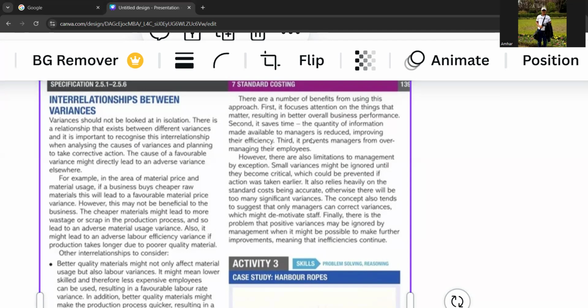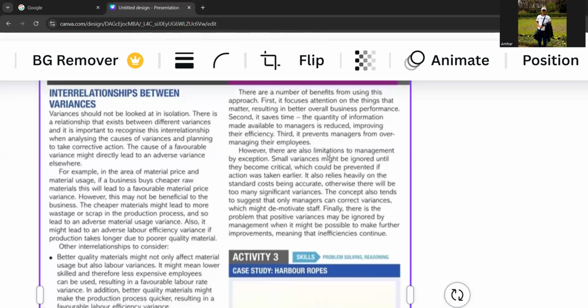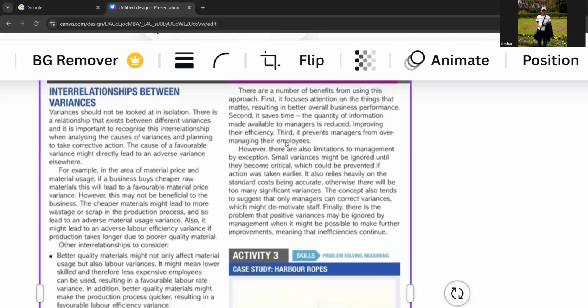The second thing is it saves time. The quantity of information made available to managers is reduced, improving efficiency. So it will improve the manager's efficiency. Third thing, it prevents managers from over managing the employees. This is also a benefit of management by exception.